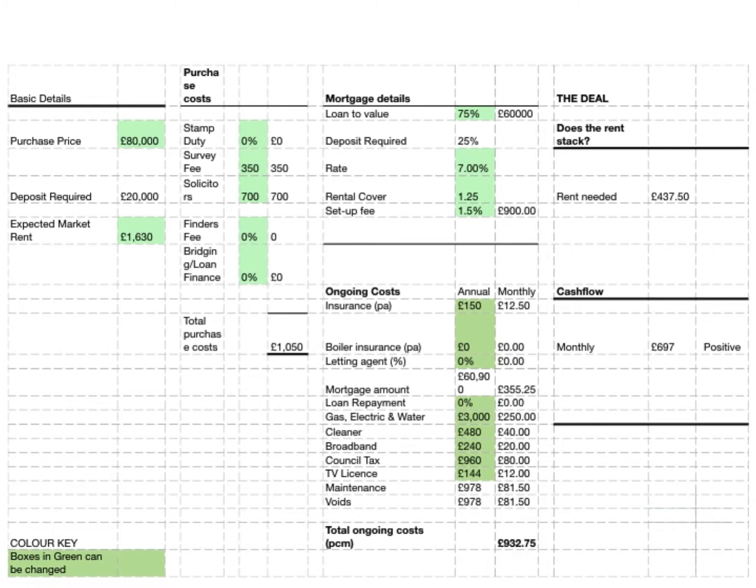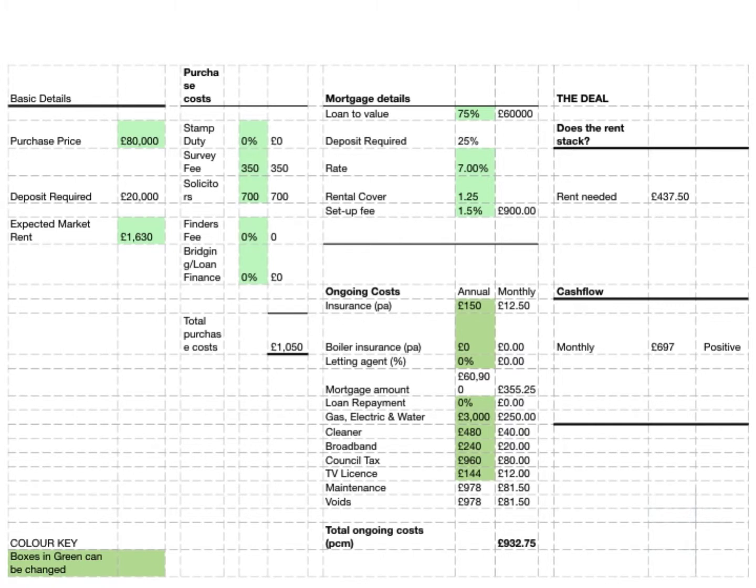The next thing is we're looking at rental cover. Now, I said earlier about the fact that when you do a buy-to-let product, very often there's 2 criteria. There's the loan to value, and there's also what's called rental cover. So what I've done here is we've put in rental cover.